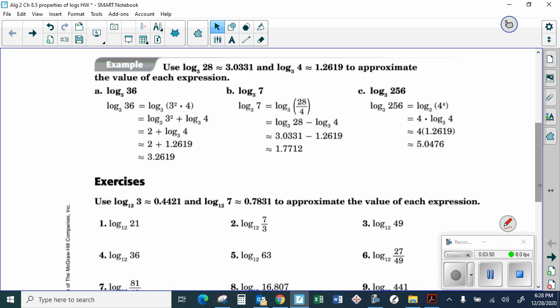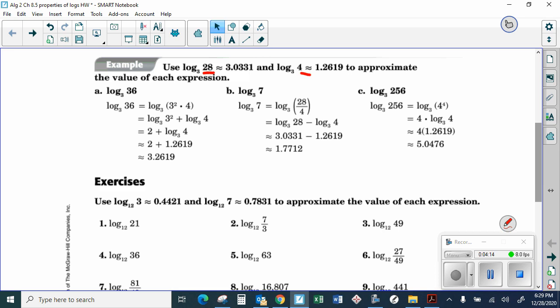So again, if you knew that 4 to the 4th was 256, because 16 times 16, then I'll pull that 4 out front, and log base 3 of 4 we know is this, so 4 times that is that right there. Okay, log base 3 of 7. You say, whoa, I don't have anything up here.